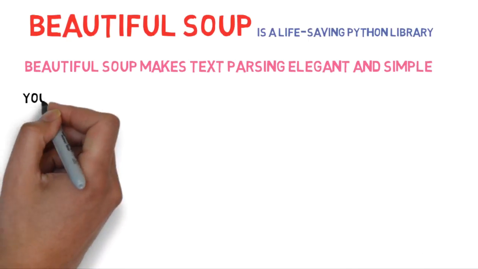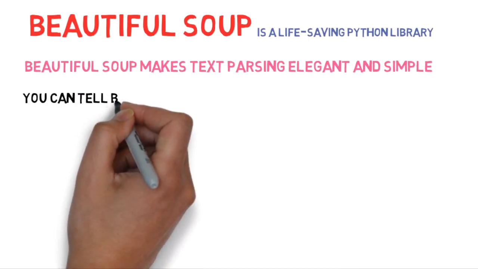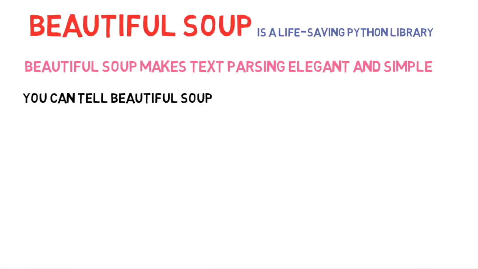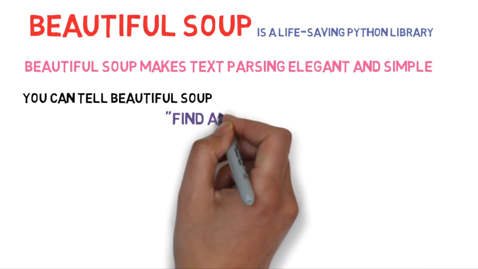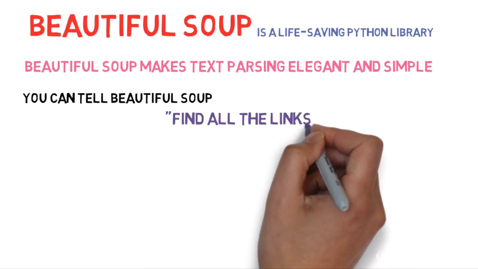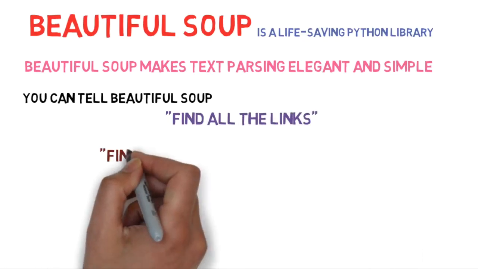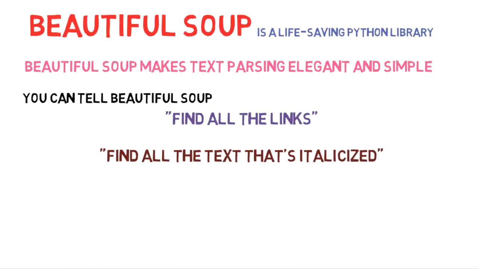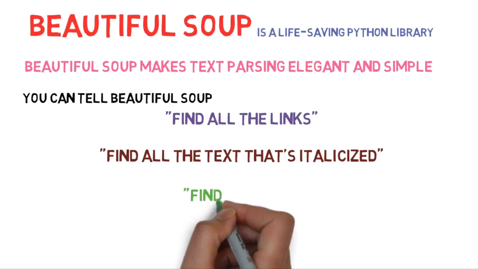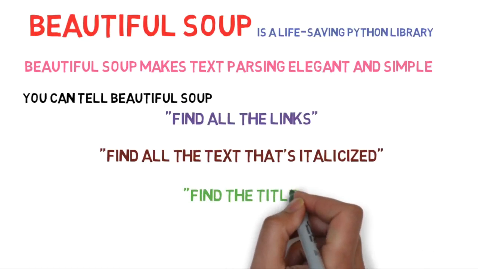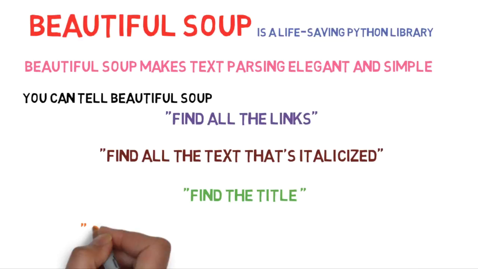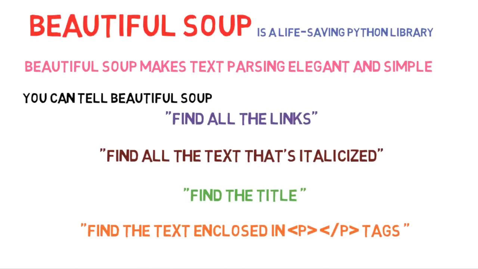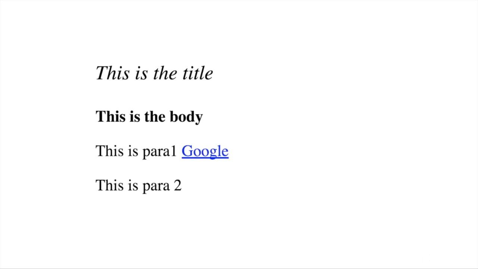You could just go and tell Beautiful Soup, with its out-of-the-box functionality, to find text which is enclosed within specific tags, find all the links on a particular page, find all the text that's italicized, find things like the title or the body or paragraphs, find the text which is enclosed in p tags, basically paragraphs.